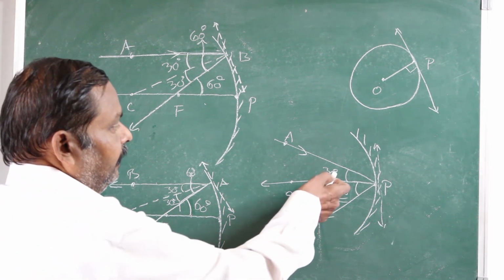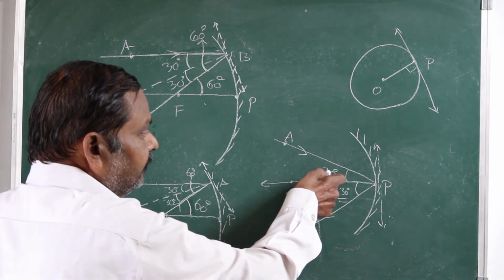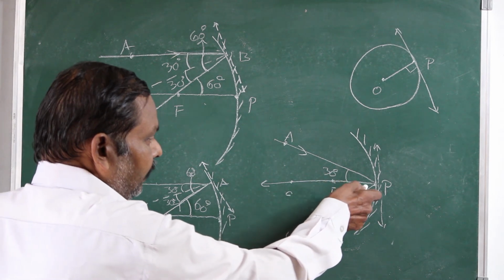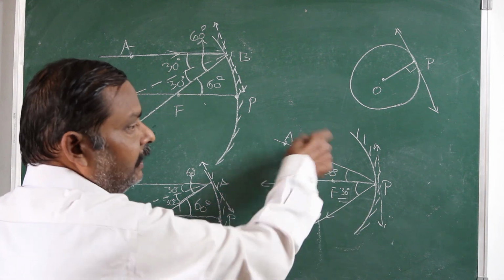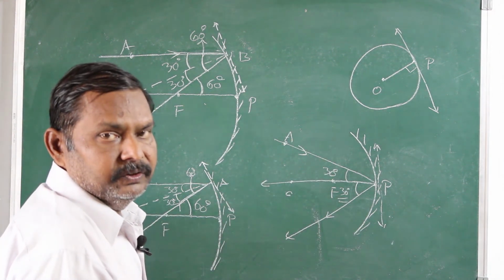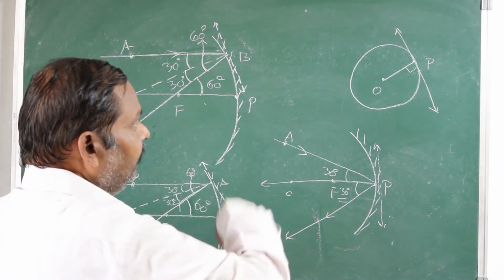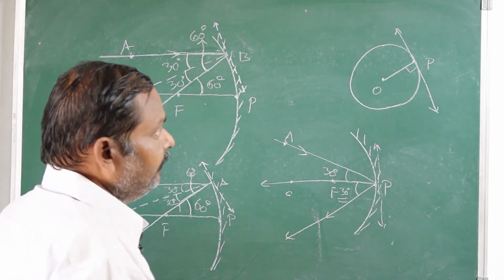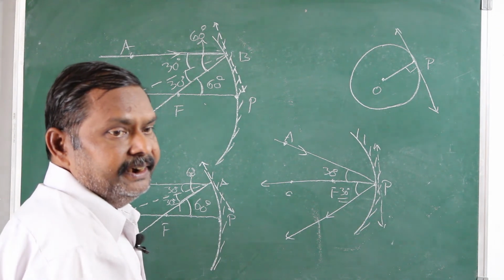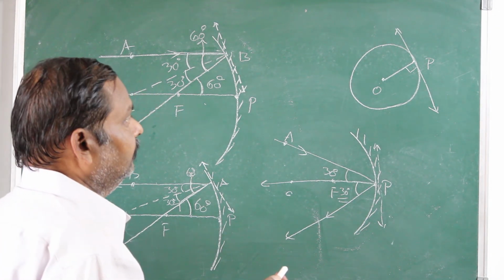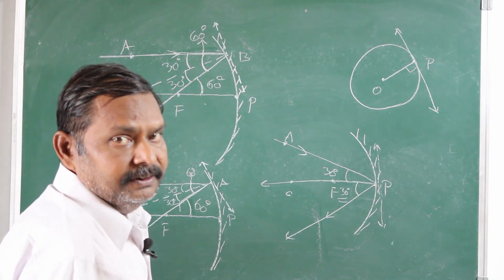Here, the angle between the reflected ray and principal axis is 30 degrees, which is equal to the angle of incidence. So this is about the 3 cases that they have asked. The basic principle involved is that the angle between tangent and radius, the normal, is always 90 degrees.